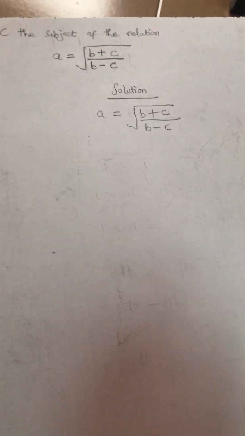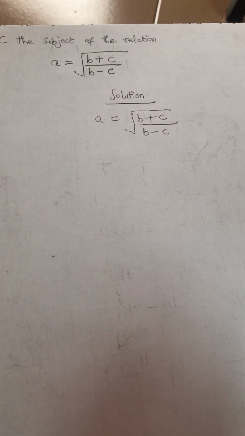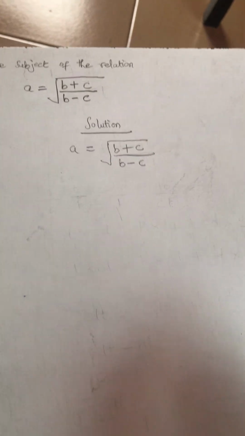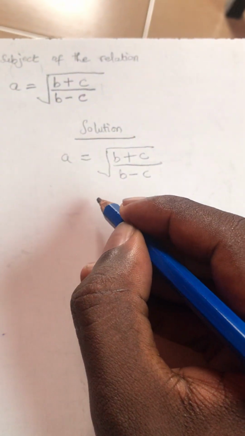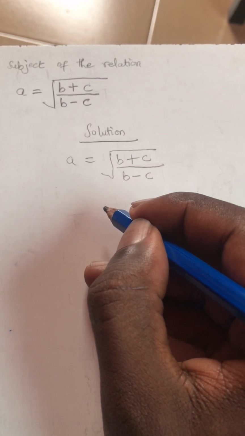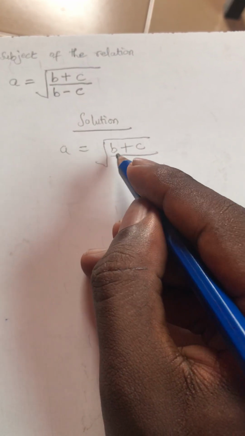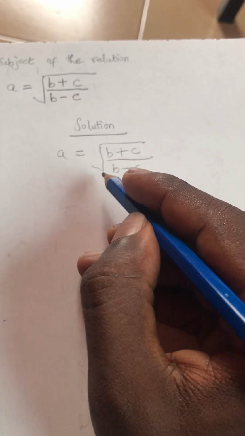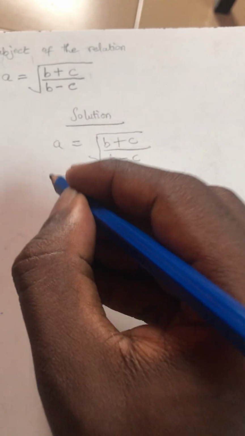What we have to do is to square both sides. Whenever you have a square root, in order to eliminate it you have to square both sides.